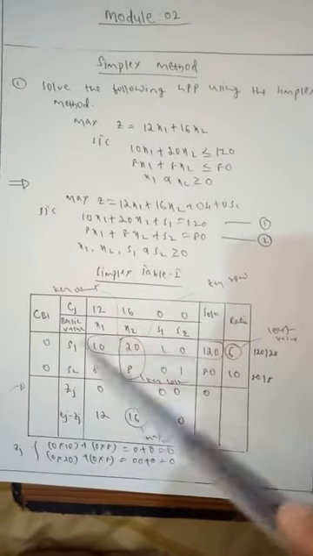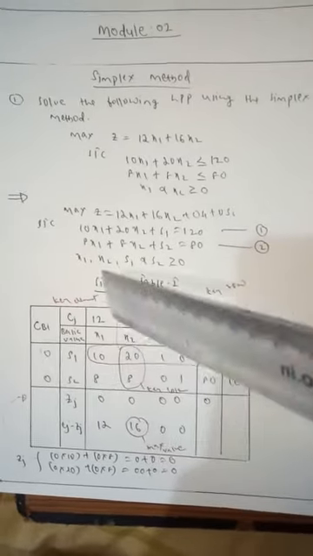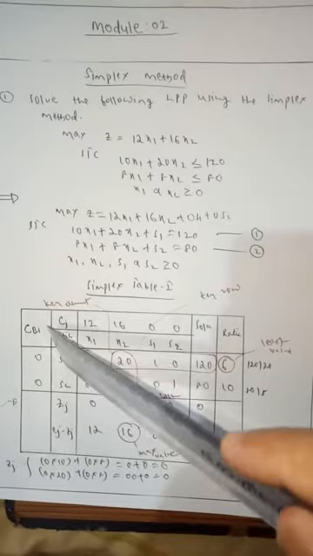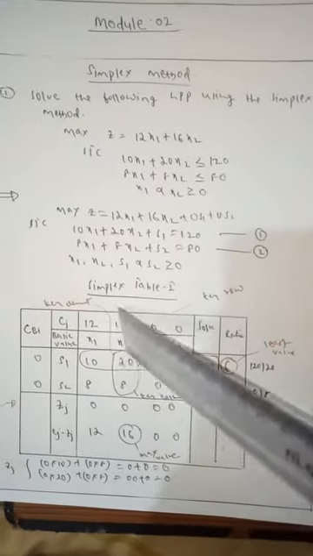So in the next table you will get s1 and x2.